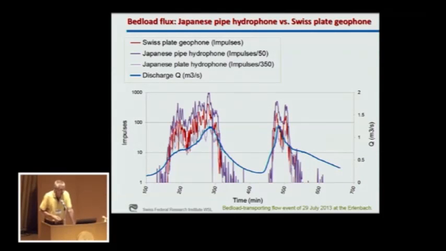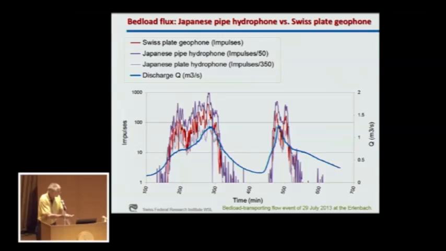Here you see actually another comparison, and this data refers to measurements that have been taken at the Swiss Erlenbach stream for 3 different types of sensors. In red is the Swiss plate geophone system. You see here the number of impulses over time. Here is one flood event with bed load transport.